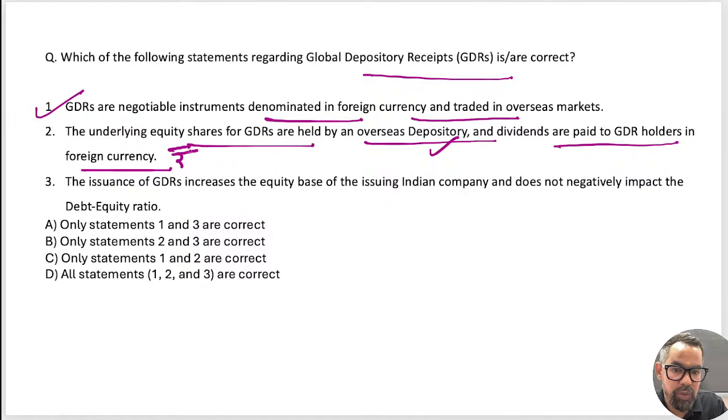It is in rupee, and it is paid to the depository, not to the investor.